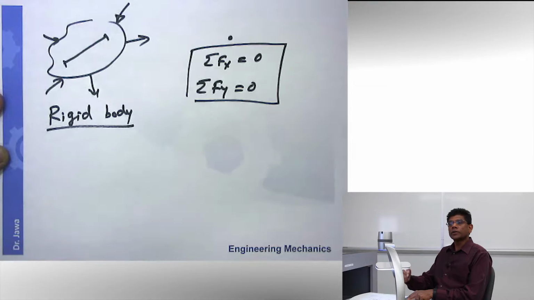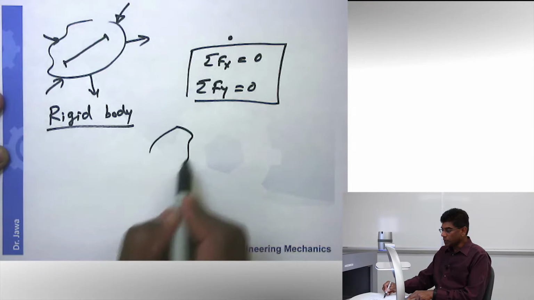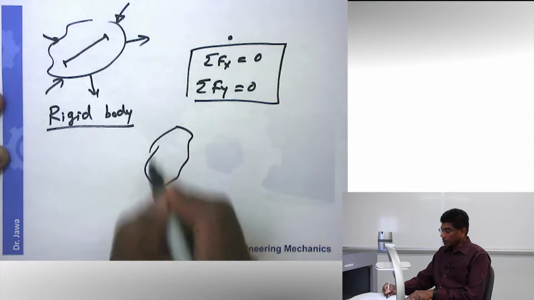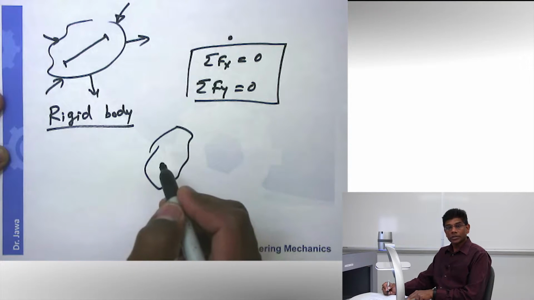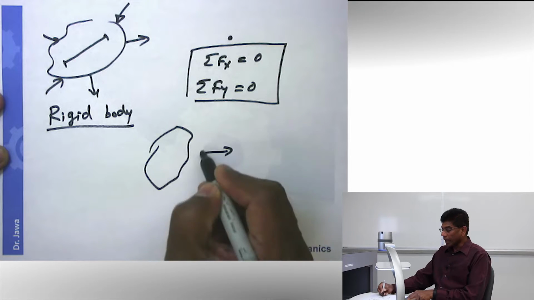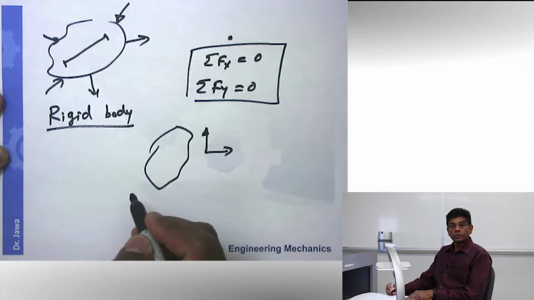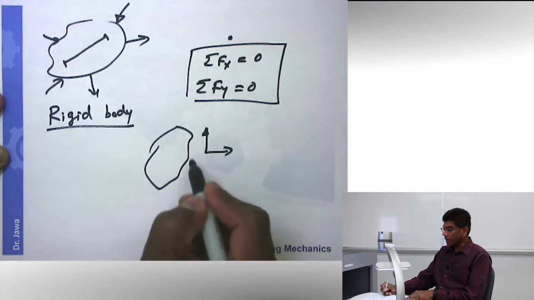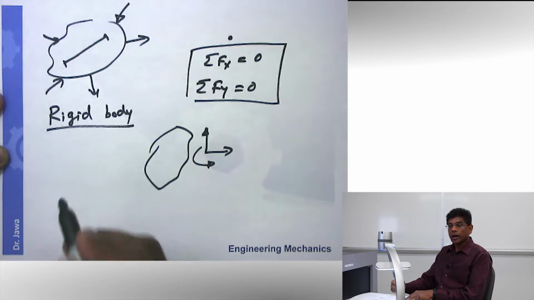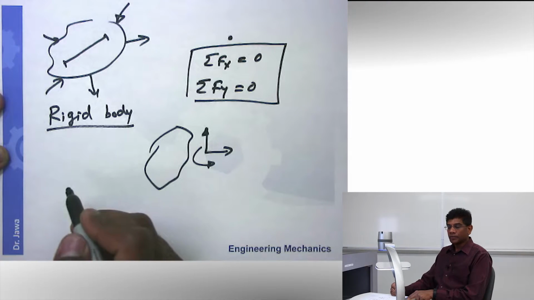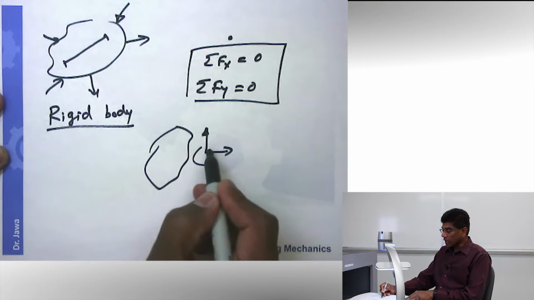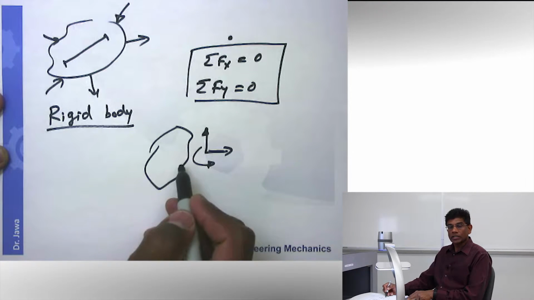Now, we are moving on to rigid body equilibrium. In rigid body, we are considering not only the mass, but we are also looking into the dimensions. So this rigid body, in theory, will have motion along x-axis, motion along y-axis, and a rotation about z-axis. And therefore, in order for this body to be in equilibrium, we have to make sure the sum of all the forces along x and y is equal to 0 as well as the moment.